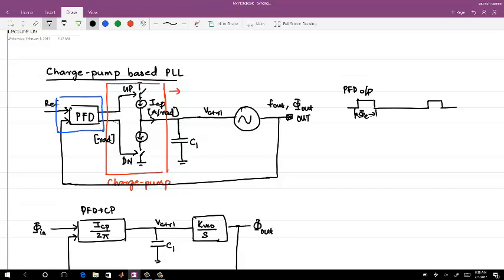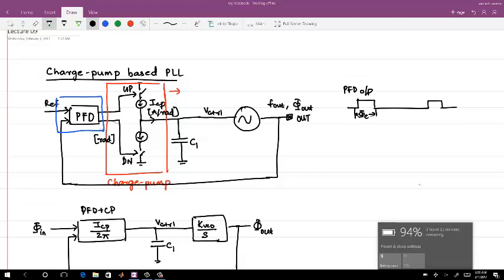Now you push in the pump current which is proportional to this phase error. That's why this is the charge pump ICP. So the charge pump pushes in the current proportional to the phase error.